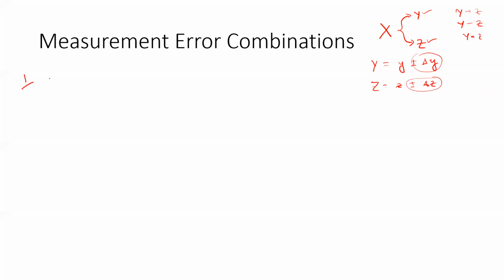So let us start with addition. So x is equal to y plus z. Then in order to calculate the error in x, we can easily replace this capital Y and Z with the expression that we just considered over here.